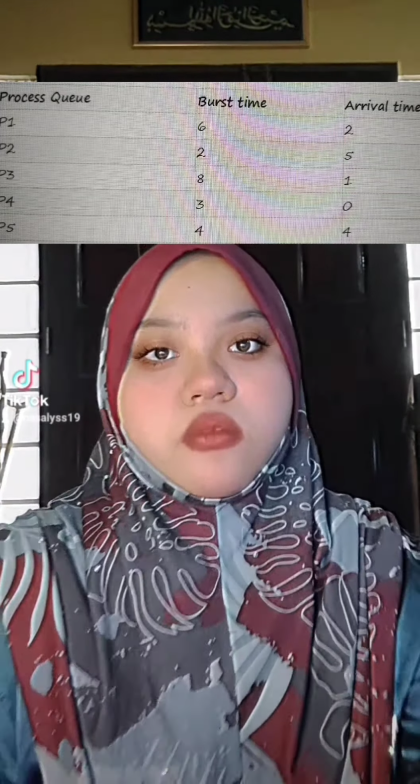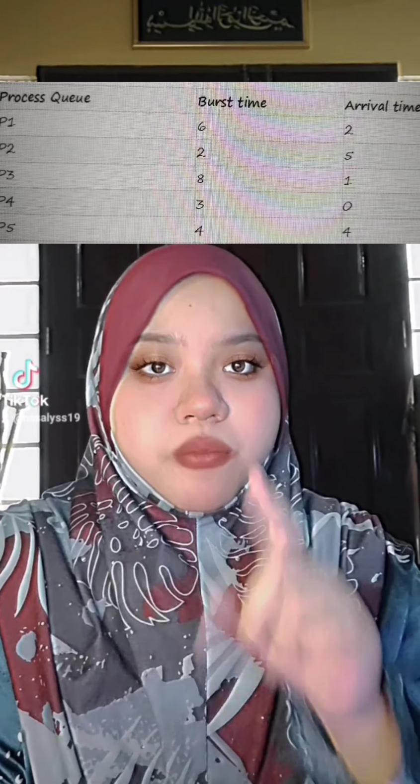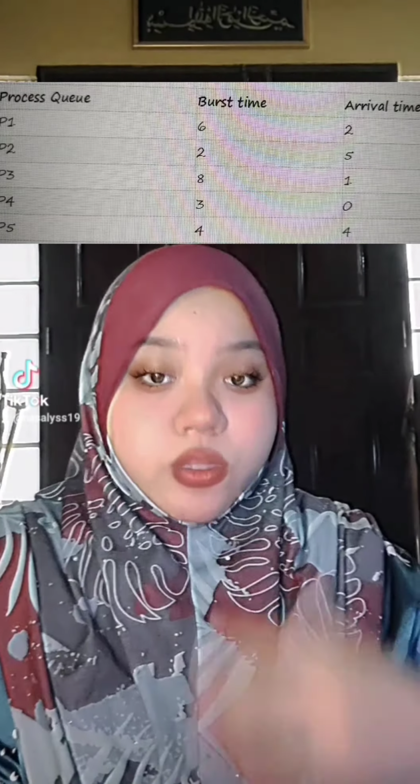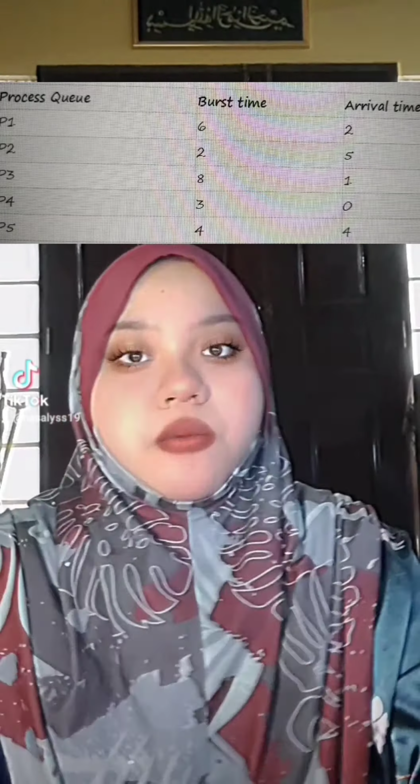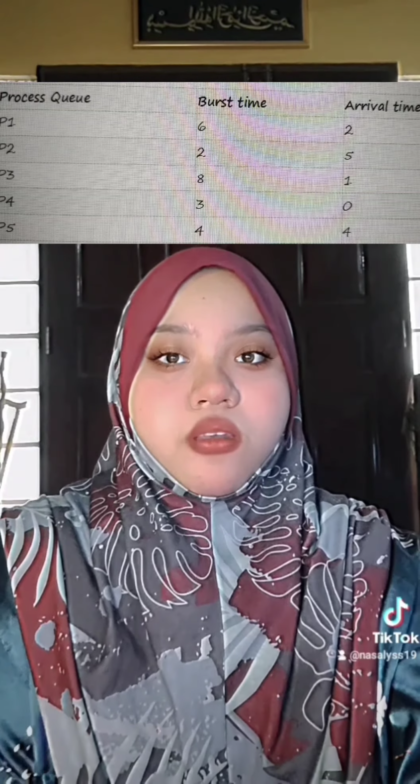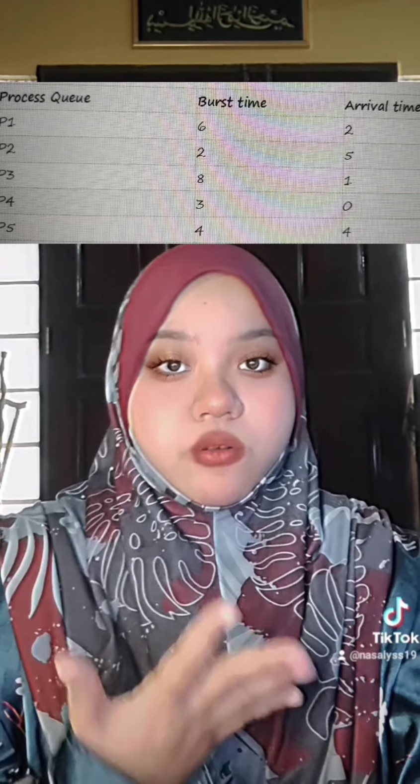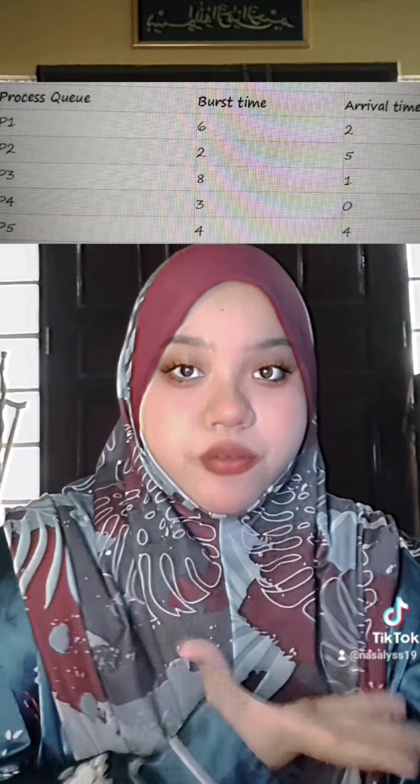So first things first, at time 0, P4 arrives and starts execution. At time 1, process P3 arrives, but P3 has a burst time of 8, so P4 will continue as it has the shortest burst time.